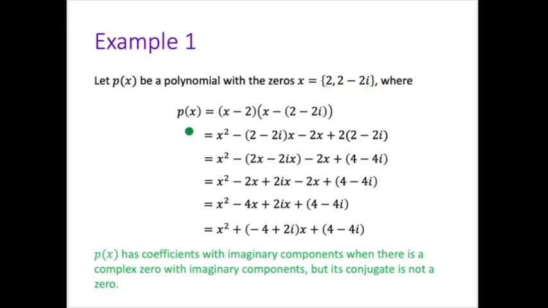Now, if we expand our polynomial by distributing, you can pause the video and look at the steps. We end up with x squared plus the quantity -4 plus 2i times x plus the quantity 4 minus 4i.